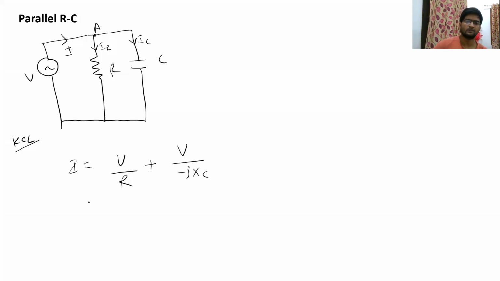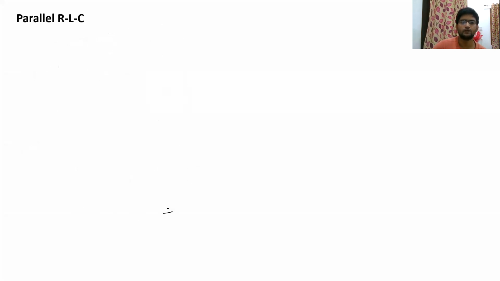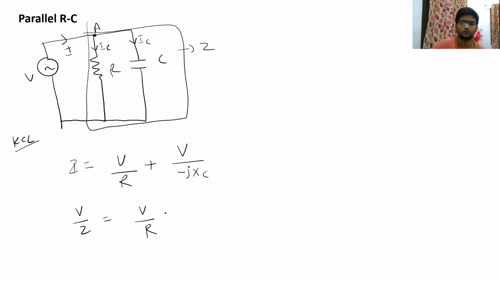Since this whole combination can be called Z, similar to the previous case, we can write V upon Z is equal to V upon R, sorry, plus this minus j, when it goes to the numerator, it will become plus j. So it will become j times V upon XC.